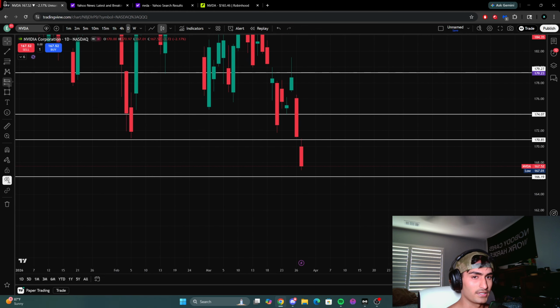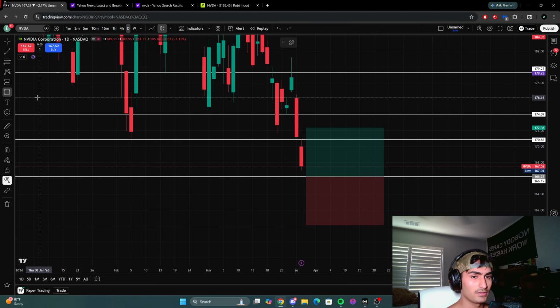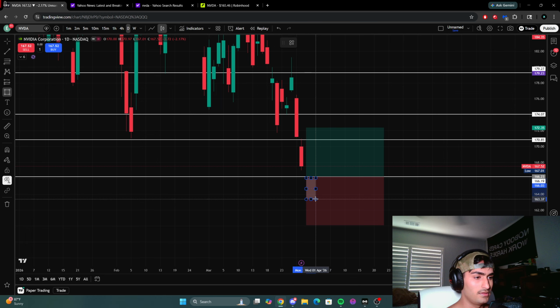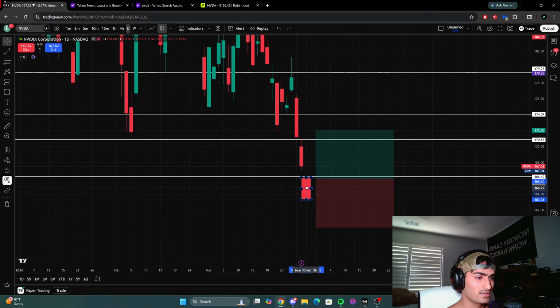And now obviously market opens up in certain different spots. So what we could look for is market closes below this. And let's say we get a red candle like this. And let's make this one red. And let's put this here.